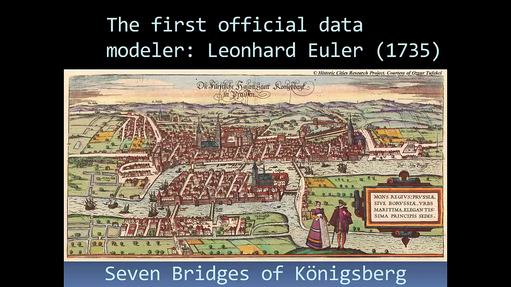So let's go back to the year 1735. Leonhard Euler, who I believe was the first official data modeler, did something really cool. He was a famous mathematician, and there's this town called Königsberg, which was in Prussia. Now it's in Russia, and the names have changed, but the ideas that he brought up in 1735 have stayed the same.